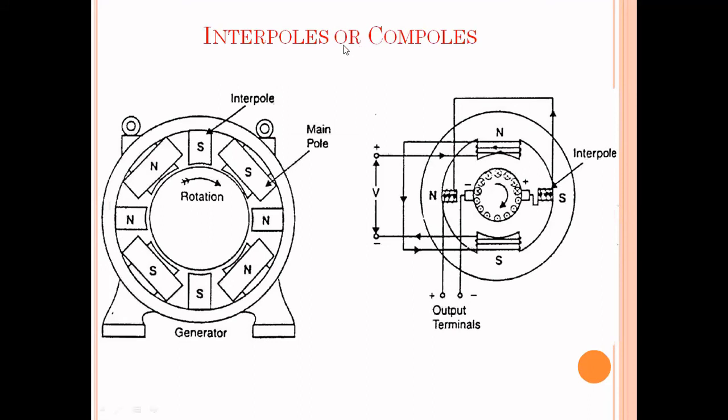Now the second method of EMF commutation is by using interpoles or compoles. Interpoles or compoles are small poles fitted to the yoke in between the main poles. The interpoles have the same polarity as the leading main pole. Here the leading pole is the north pole, so the polarity of the interpole is north.